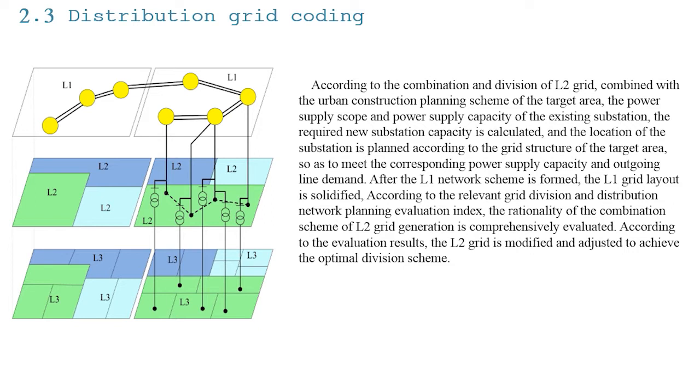After the L1 network scheme is formed, the L1 grade layout is solidified, and the rationality of the combination scheme of L2 grade generation is comprehensively evaluated. According to the evaluation results, the L2 grade is modified and adjusted.